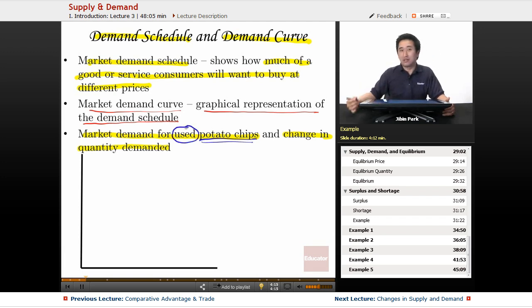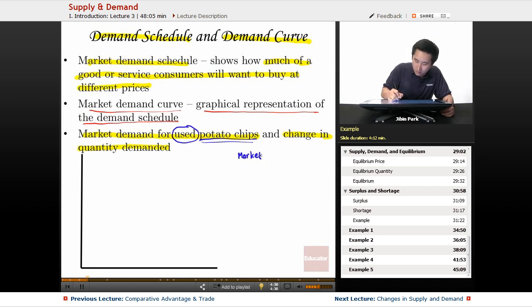There's maybe not going to be a whole lot of demand for it, but just like any good or service, as price goes up, quantity demanded goes down, and as price goes down, quantity demanded goes up. So we're going to create a market demand schedule first for these used potato chips. Probably not very appetizing.